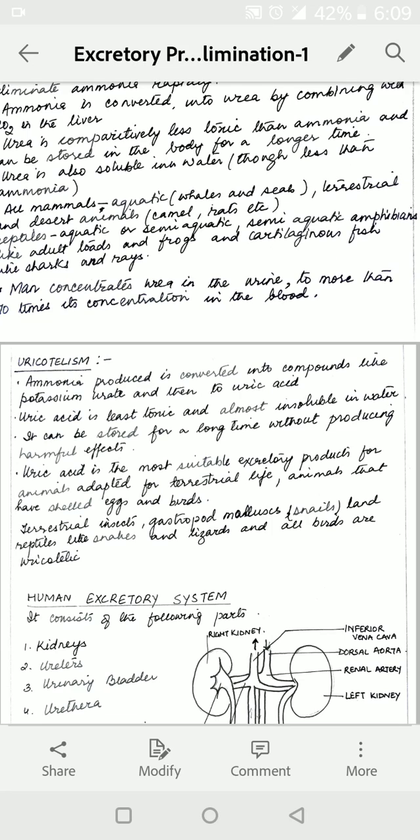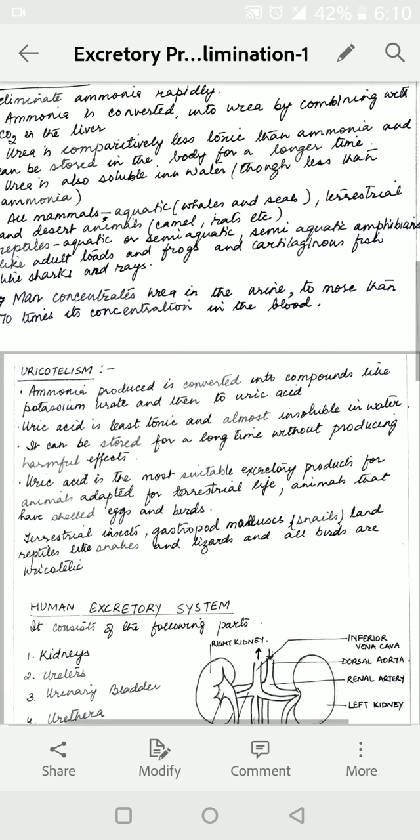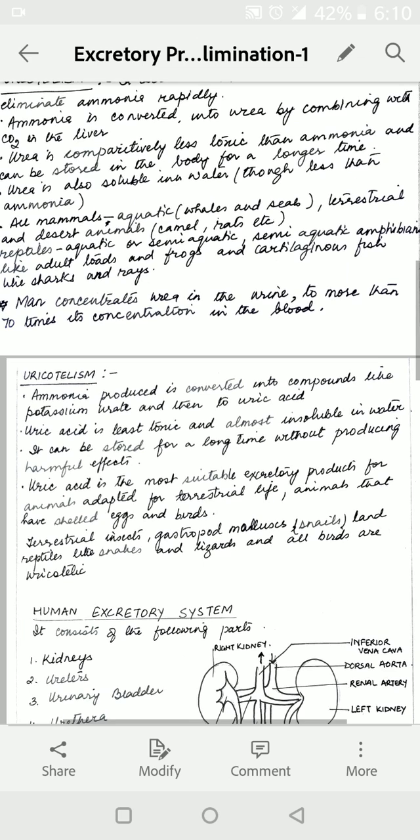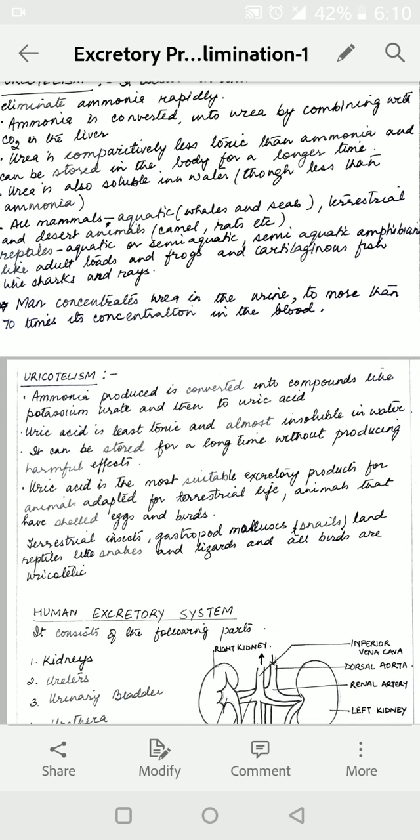Uric acid is least toxic and almost insoluble in water. It can be stored in the cells or even organs for a long time without producing any harmful effects. Uric acid can be stored for a very long time, and for the excretion of uric acid, a very little amount of water is required.